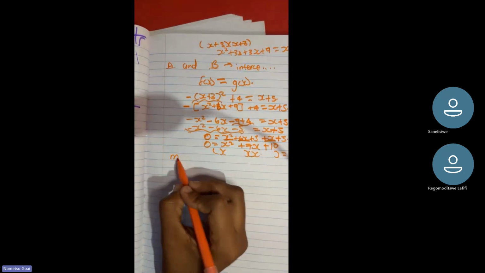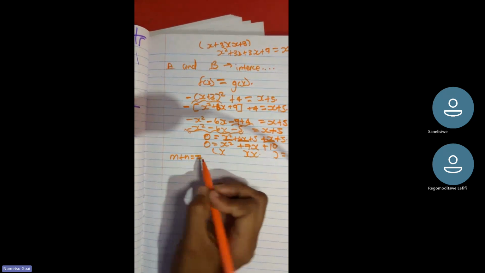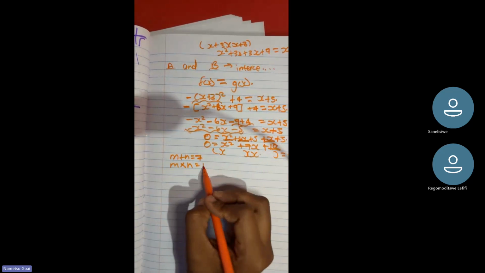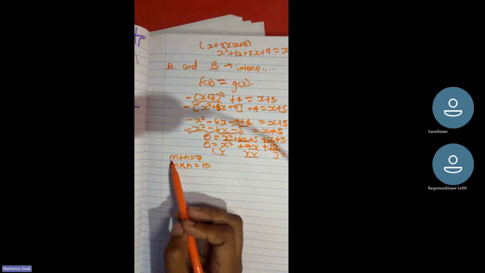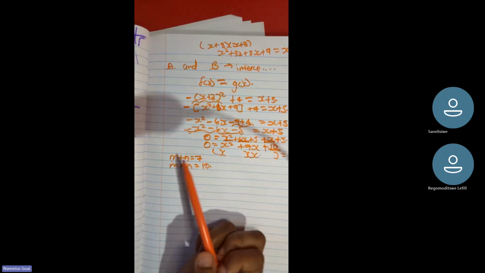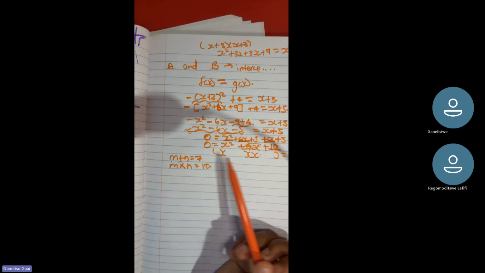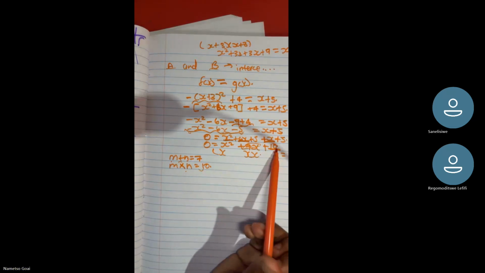So we have a 10 over here. If you're trying to factorize, we'll have two open brackets, equated to 0. So place an x here, place an x here. We have to have m plus n equals 7, m times n equals 10. When you add the two factors, they should give you the middle term, but when you multiply them, they should give you 10.